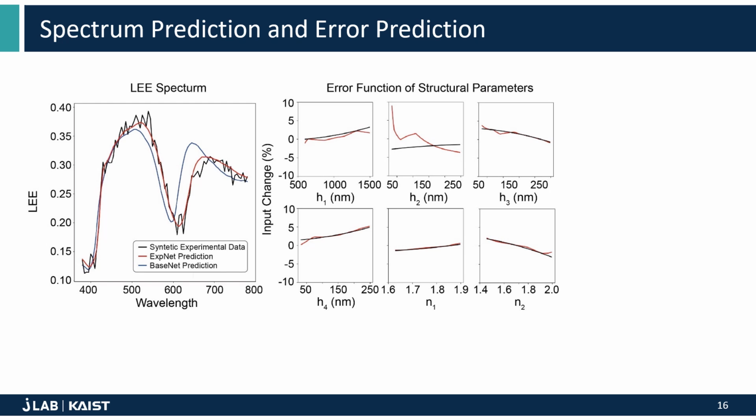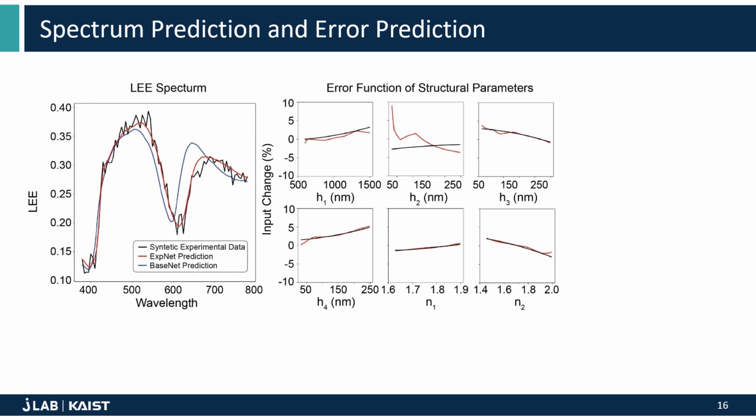On the right, we see the error functions predicted by the EtherNet for parameters H1, H2, H3, and H4, and N1, N2.